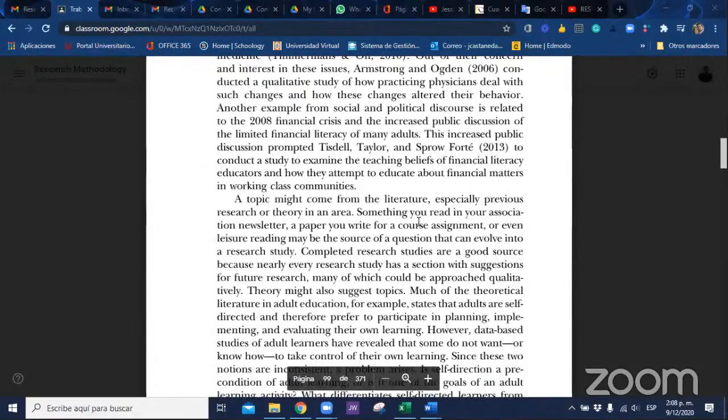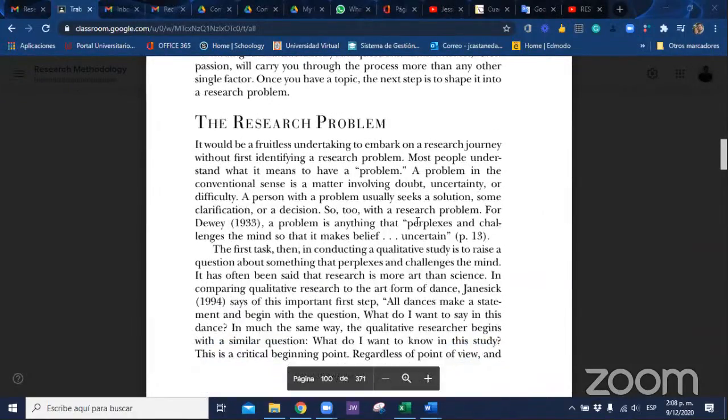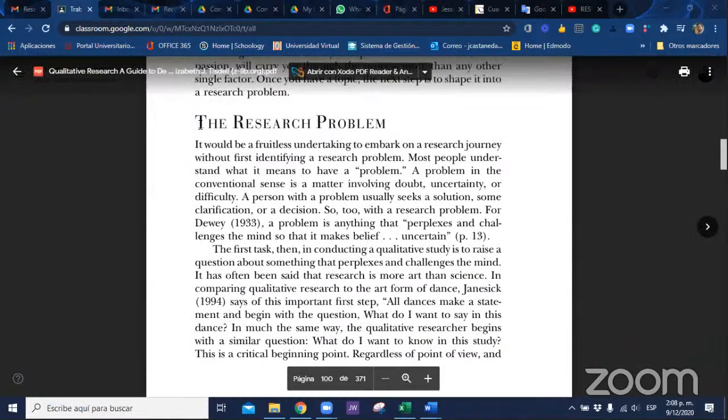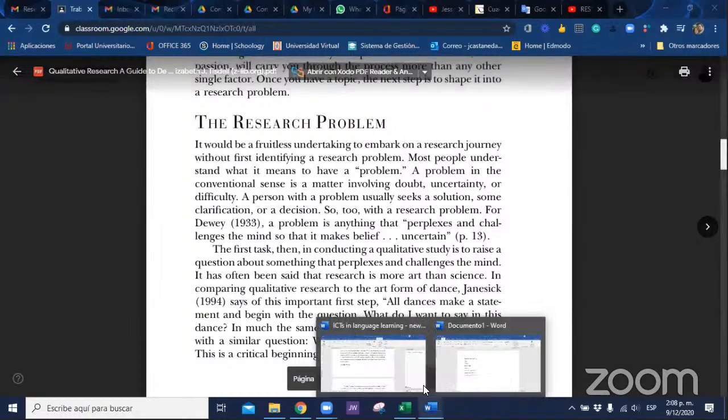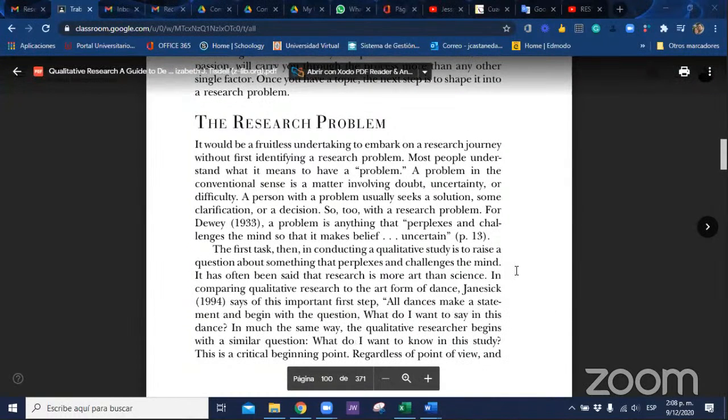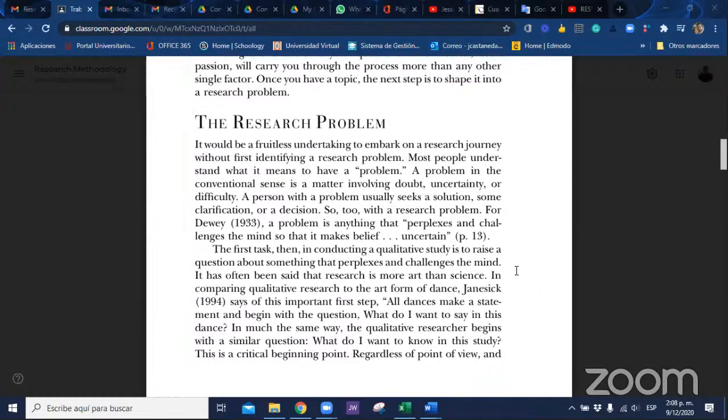So she explains how to design the topic, but also how to design the research problem. Okay, so in the research problem, she mentions four main aspects, four main things to take into consideration.